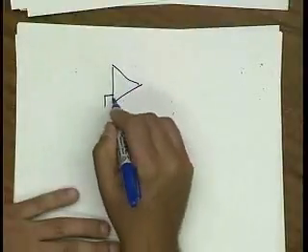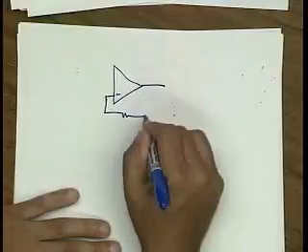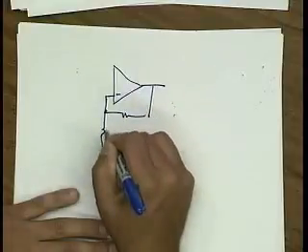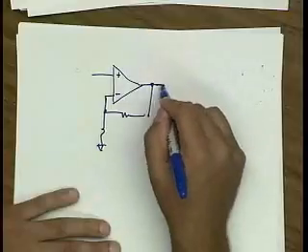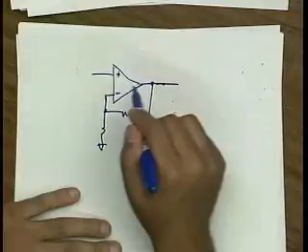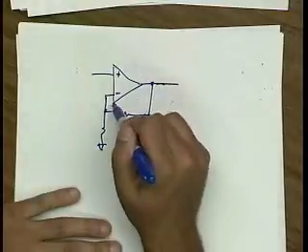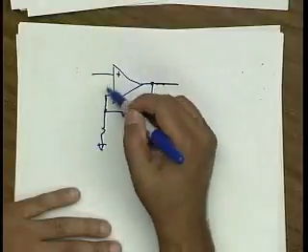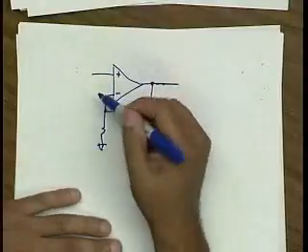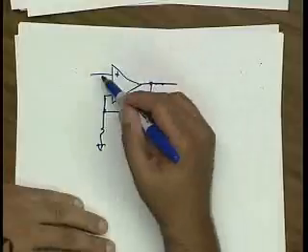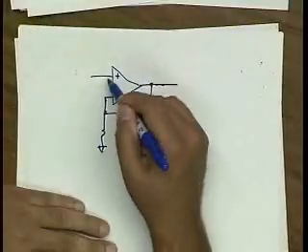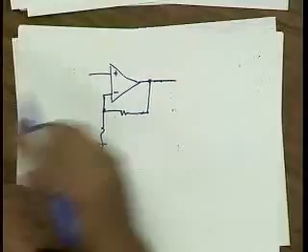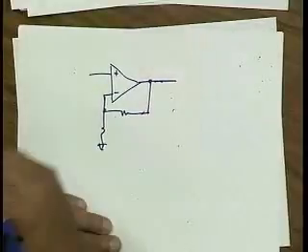The op-amp takes the output, subtracts it from the input, and basically tries to make the input signal very small. Ideally, with infinite loop gain, it makes the input signal 0. And if the input signal is very small, you generate less distortion.